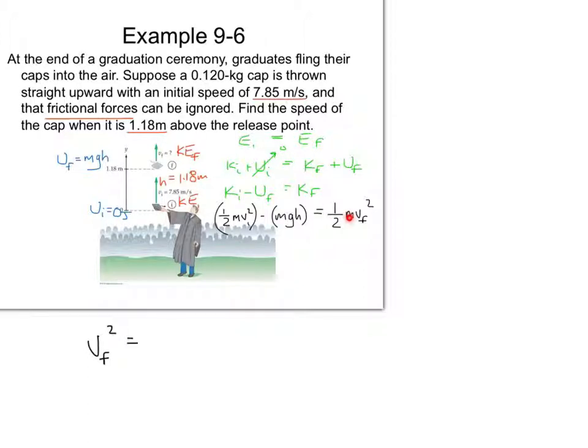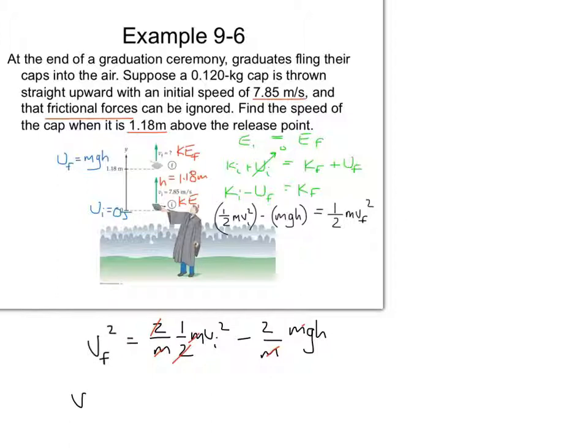So 2 over m times 1/2 m v initial squared minus 2 over m times m g h. All right, let's simplify that a little bit because we're going to have some things cancel out, right? What's going to go away? Well, that 2 is going to go away, and that m is going to go away, and this m is going to go away right here. So that's going to make things a lot simpler for us.